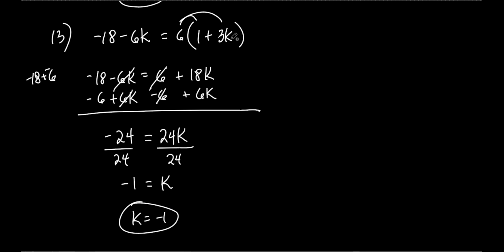Now look, if I see this on your homework, there's 13, the problem's written out, and then you just write negative 1, and that's the only thing I see on problem 13, I'm not going to give it to you, all right?